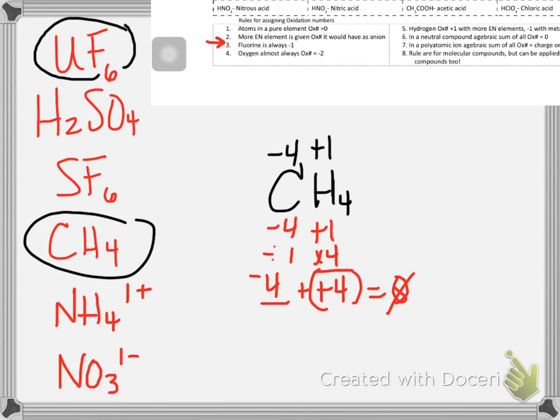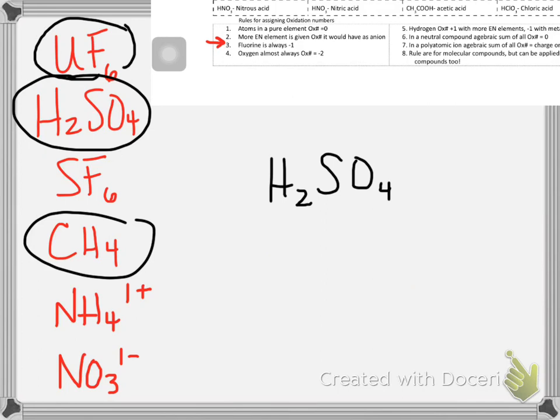Okay, let's go ahead and do another neutral one, but one that's a little bit trickier. H2SO4 is sulfuric acid. To start with, remember we have 3 things here, so I'm going to make 3 columns underneath.